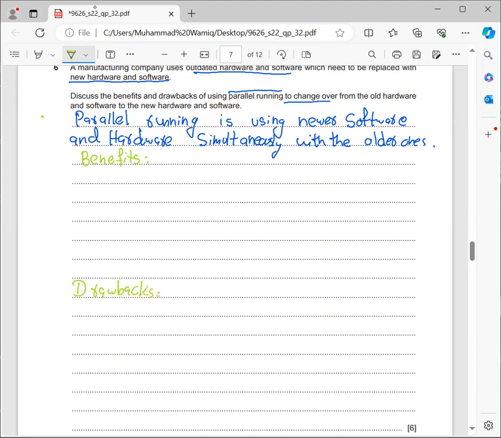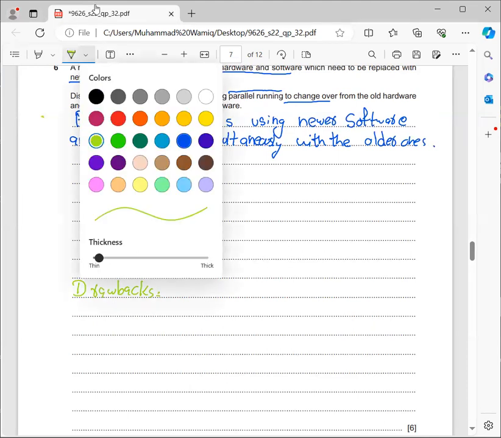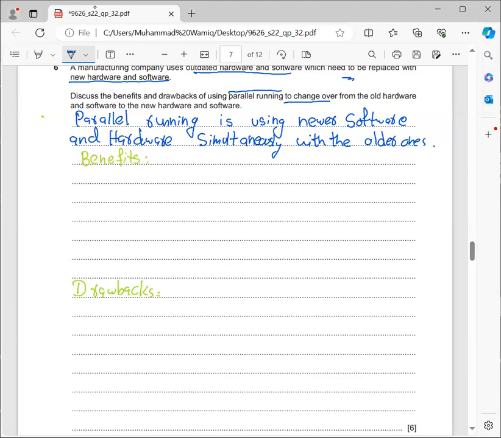So you must be catering a minimum of 4 marks. As much as you want to write, you can write, but to be on the safer side, if it's for 6 marks, I'm dividing it among 3. You must be giving a proper discussion. You must be able to give one point for every point.